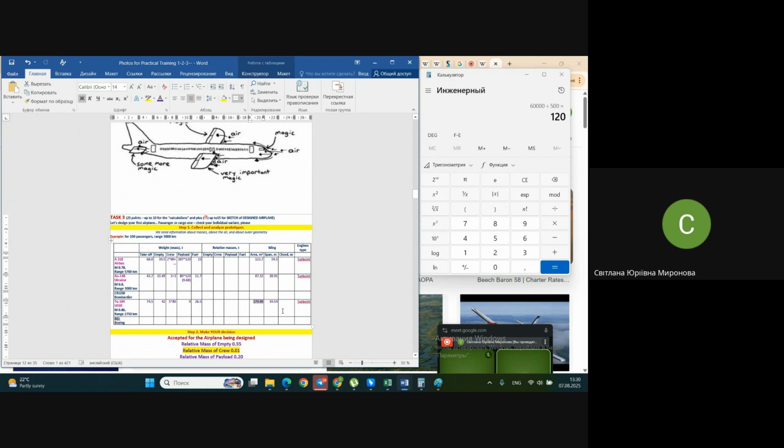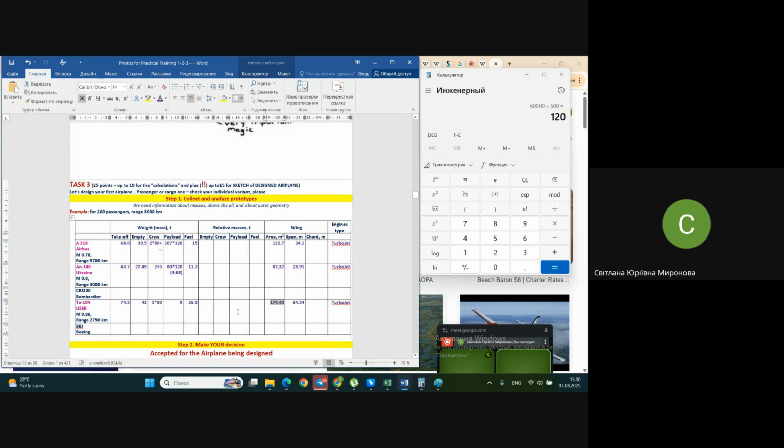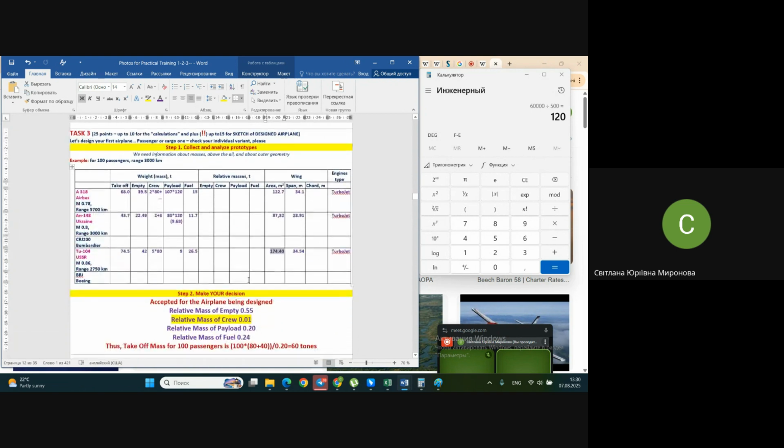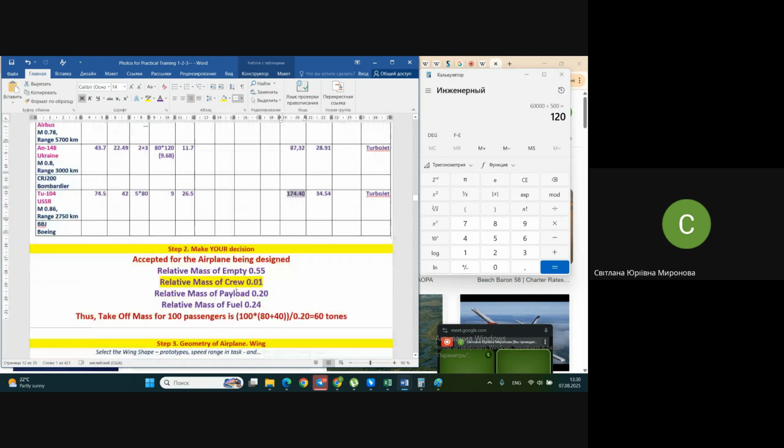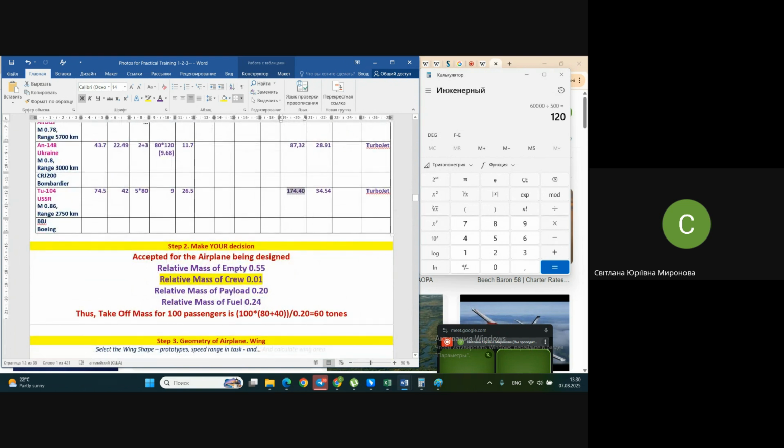And we start with recalculating relative parameters. First, we recalculate the masses of the future airplane, finally deciding what they will be for our new airplane, checking that our relative masses equal 1, and next, out of our relative masses, we may compare with absolute mass with payload. We may determine what the zero iteration weight of our airplane is supposed to be.